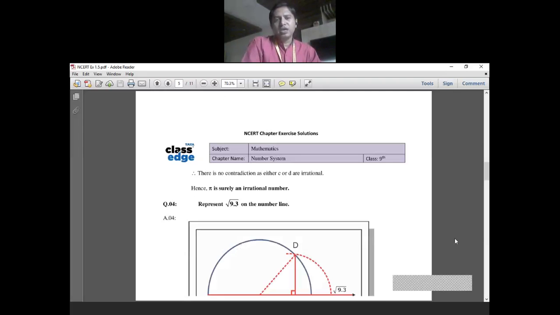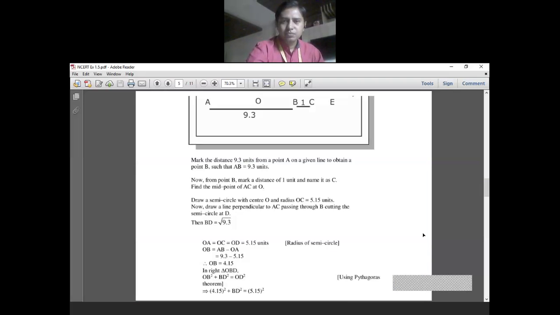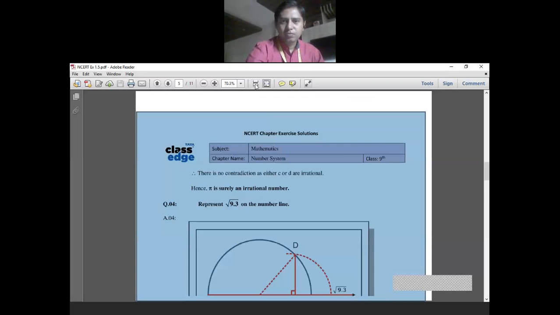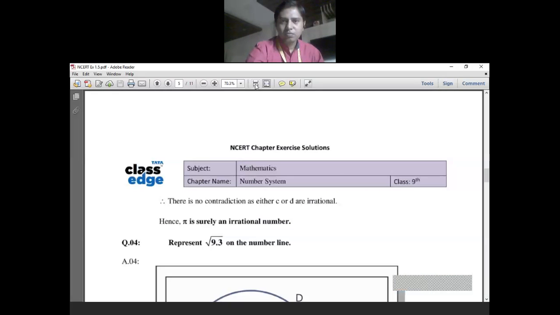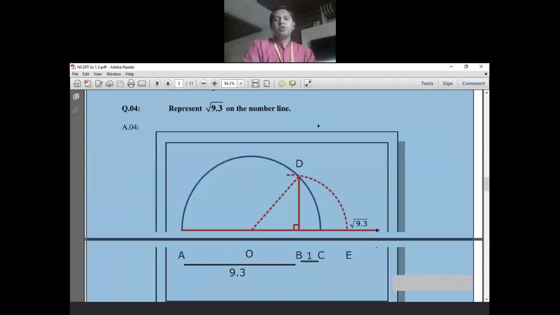Now we need to represent √9.3 on the number line. So here we have √9.3. First we'll draw a line segment of 9.3 centimeters.